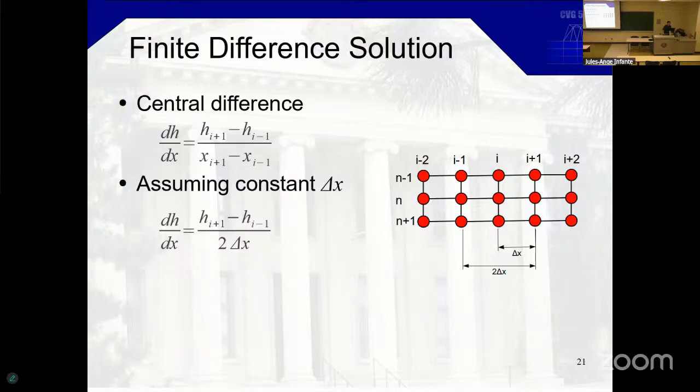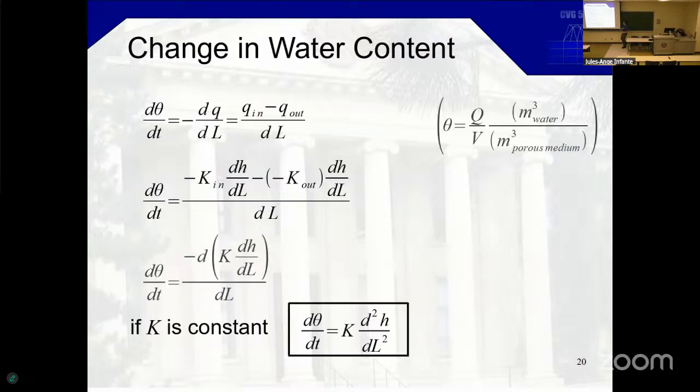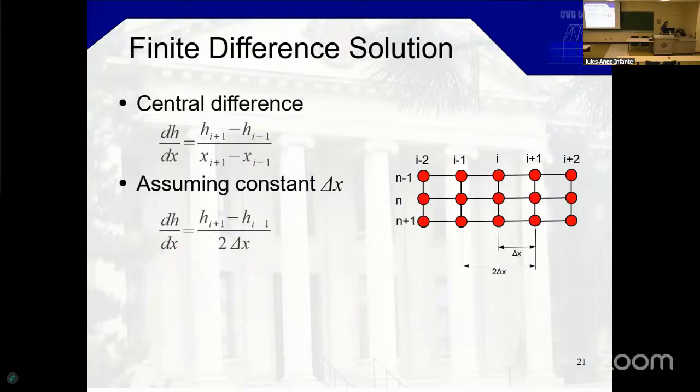Yeah, because we want to go to +1 and -1, right? So the HI is not here, it's HI +1, and this is HI -1, so HI is not in here because I'm trying to do the central difference, that's why I have 2 times delta X. So if I move that +1, +2, it skips +1, it goes to HI.